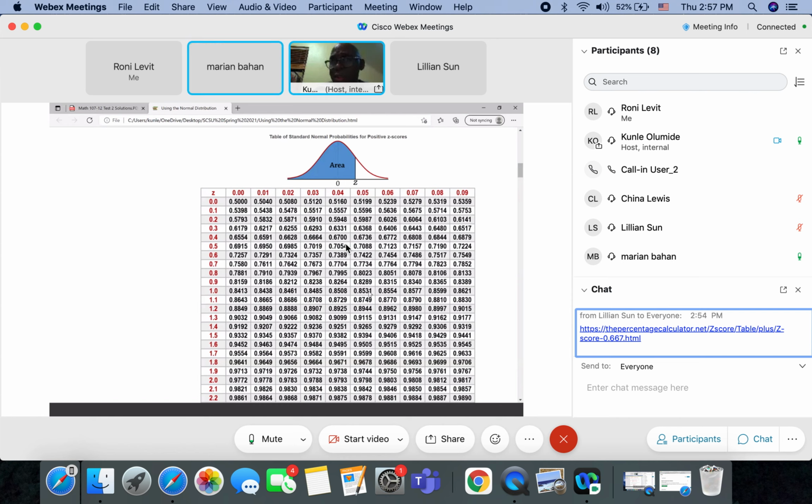Oh, okay. I'm trying to learn because I was looking at that. I'm like, okay, how can this many people get this 0.2525 and I have no idea where they got it from? So you just ask Google what is the probability when the z value is 0.6667. Is that what you did, Marianne? Yes.